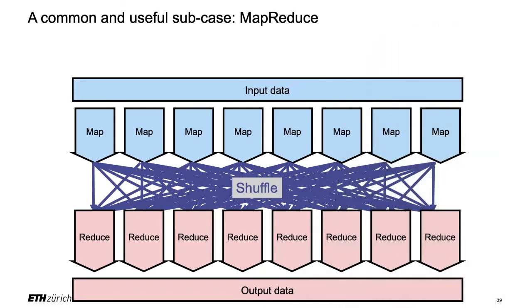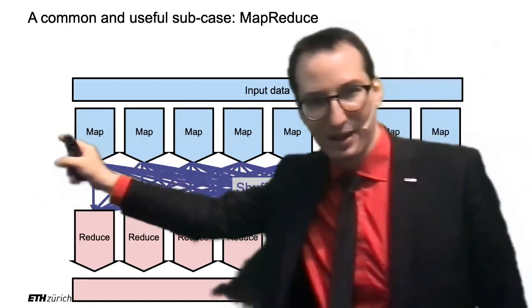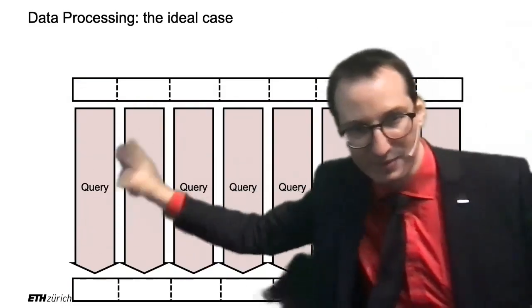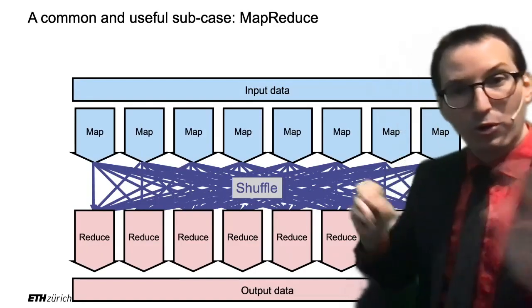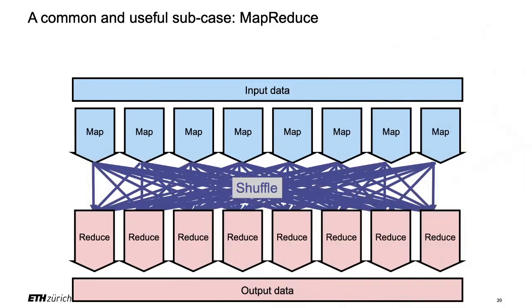It is a very simple assumption that your query can be executed as a first phase with plenty of tasks in parallel. This is called maps, right? And this part right there is exactly as we described here. It's all going in parallel on different machines. Followed by the huge shuffle where it's all over the place, right?